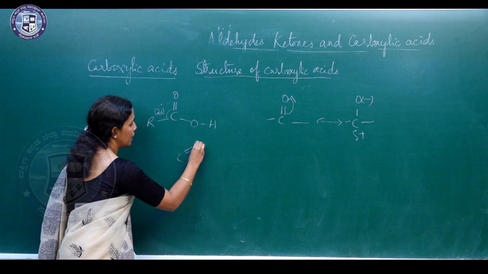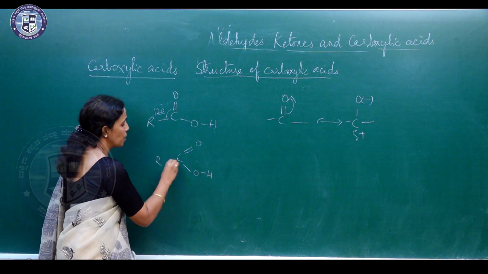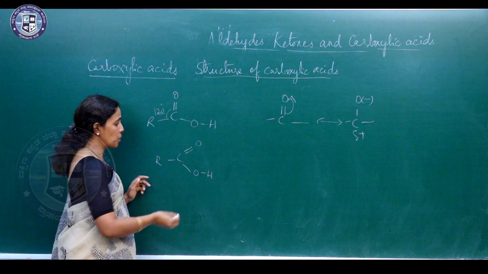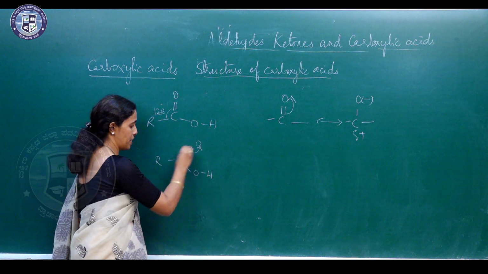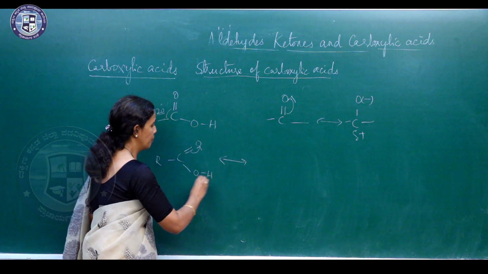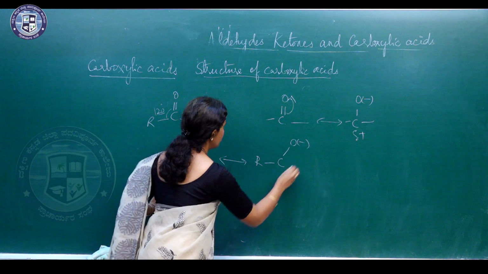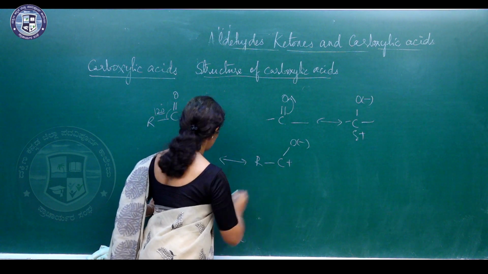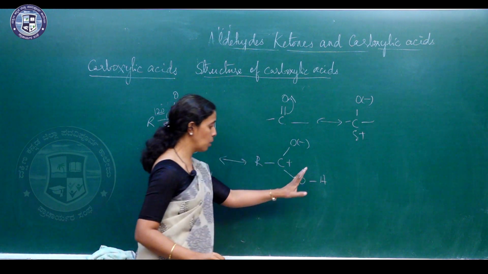So, we have a carbonyl group, a hydroxyl group and an R group. Here again the oxygen is more electronegative, so it is going to draw the pi electron towards itself. Then this oxygen bears a negative charge, this carbon bears a positive charge, and now this is linked to the oxygen atom of the OH group.